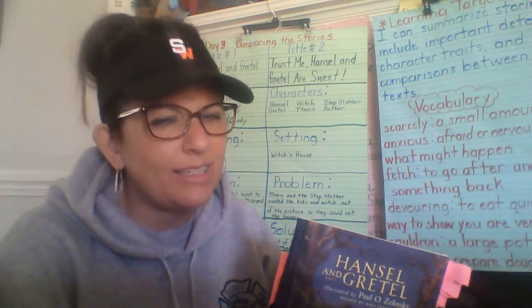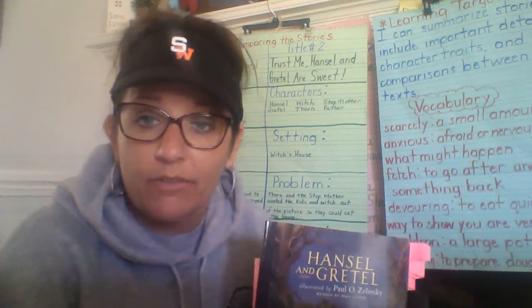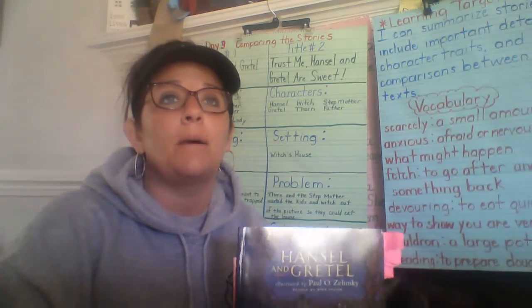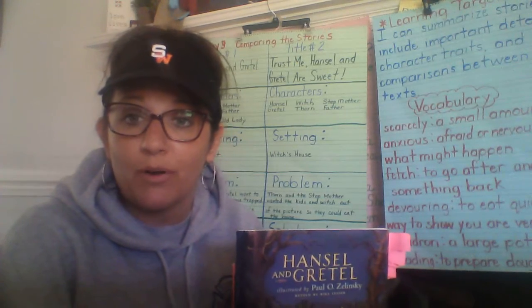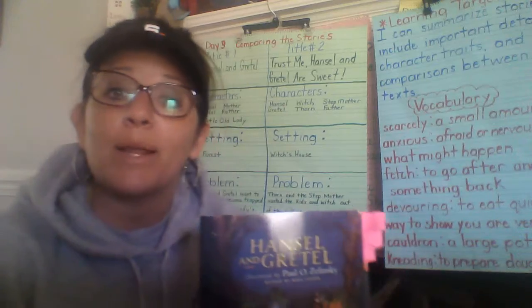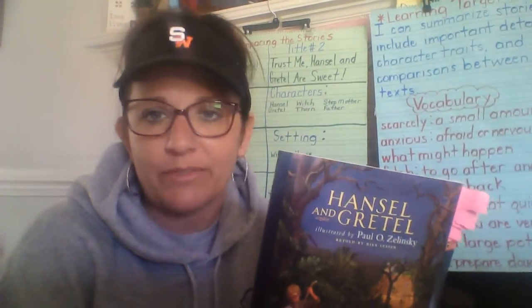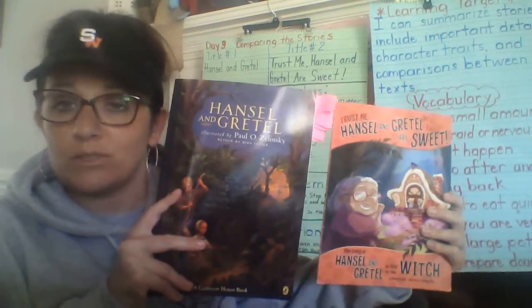That's a really, really easy one. You could also say that they lived happily ever after. You could say that the oven was a major part at the end of both stories. I would say it was an important part in both versions of the story. There's so many different things you could say. Okay? So as always, if you need to go back and listen to either one of these stories again, do that.